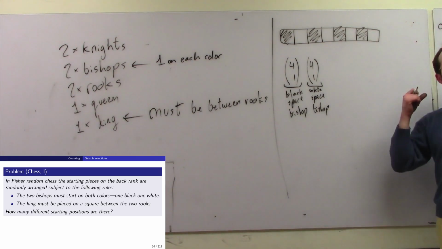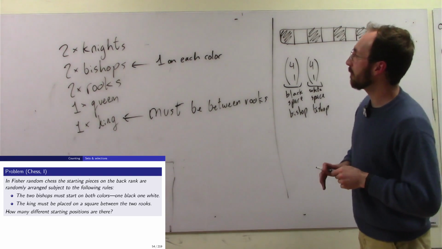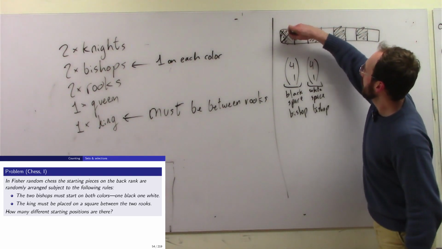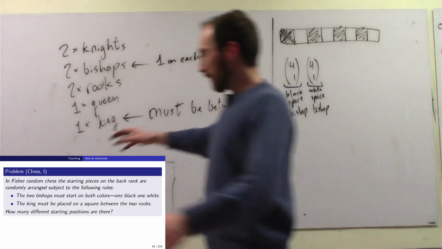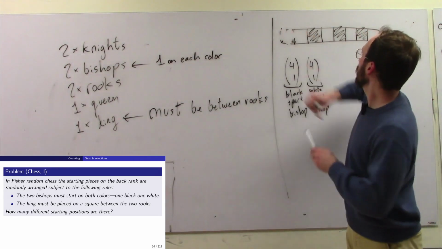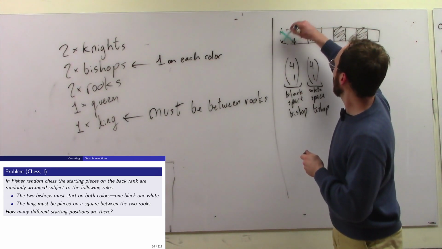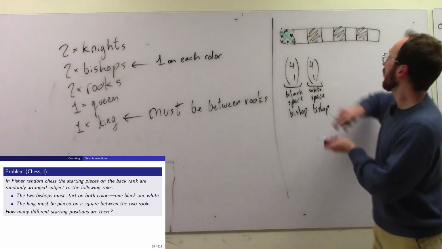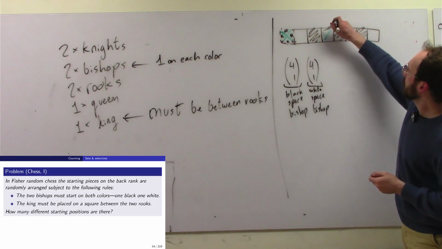Now, we put our bishops down on our field, so 2 spaces are taken. Say this space is taken, and this space is taken. Cool.